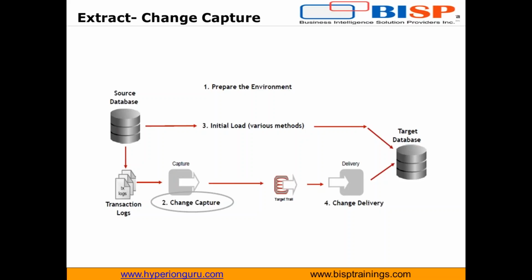Note down the SCN of the database. Once you noted down the SCN, load the consistent image of source database to target database till a particular SCN. As soon as your initial load completes, whatever changes happened during the time your initial load was happening from AIX to Linux server, apply those changes from source to target server.